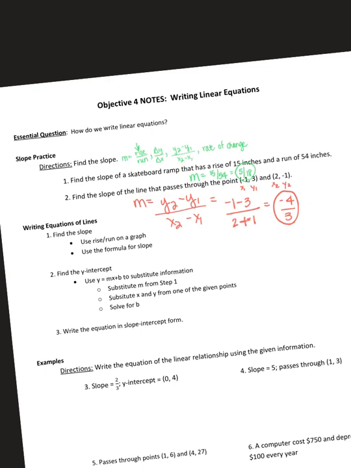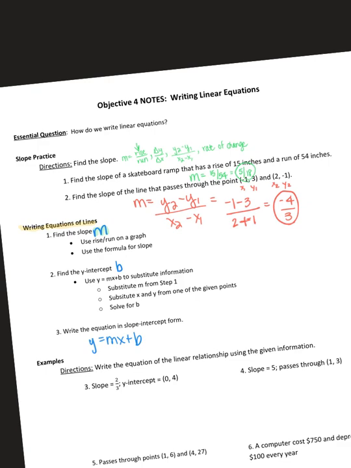All right, so when it comes to actually writing the equation of a line, we are going to find the slope, then find the y-intercept. Remember that the slope is m. Then find the y-intercept, which is b, and write the equation in slope-intercept form: y equals mx plus b.